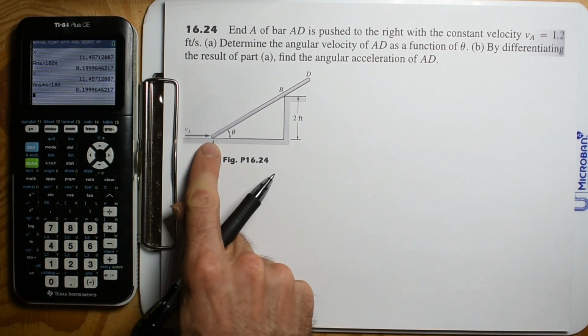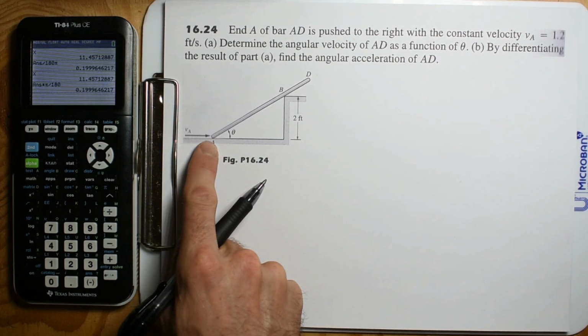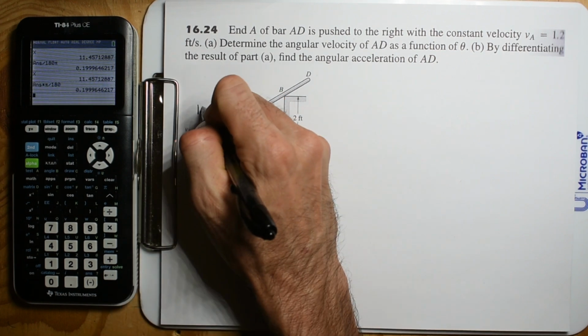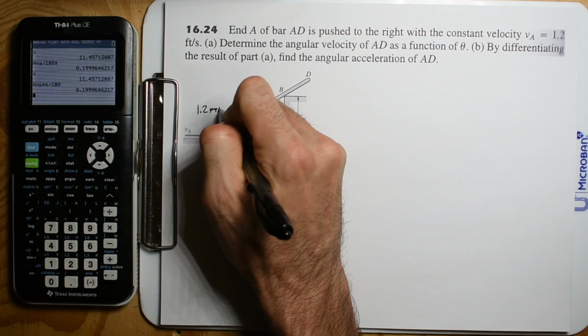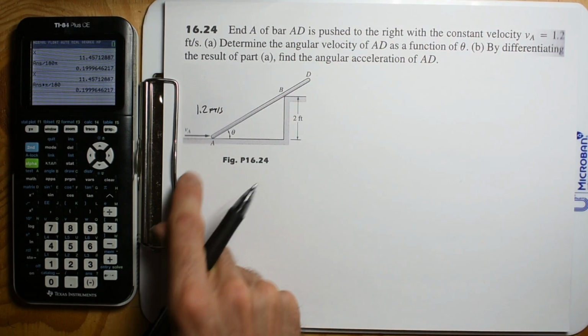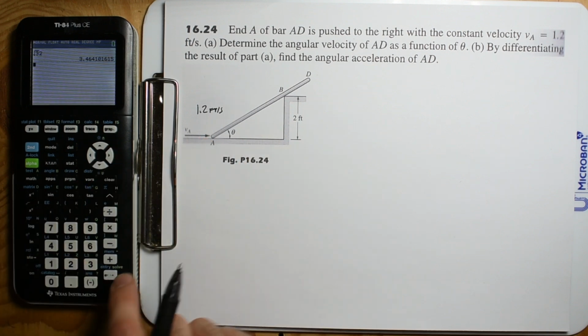So what we're going to do is go back, and this thing's traveling this way at 1.2 feet per second. Now we're going to do 1/10 of a second, but we're going to start going that way. So what's this length? Square root of 3 times 2.